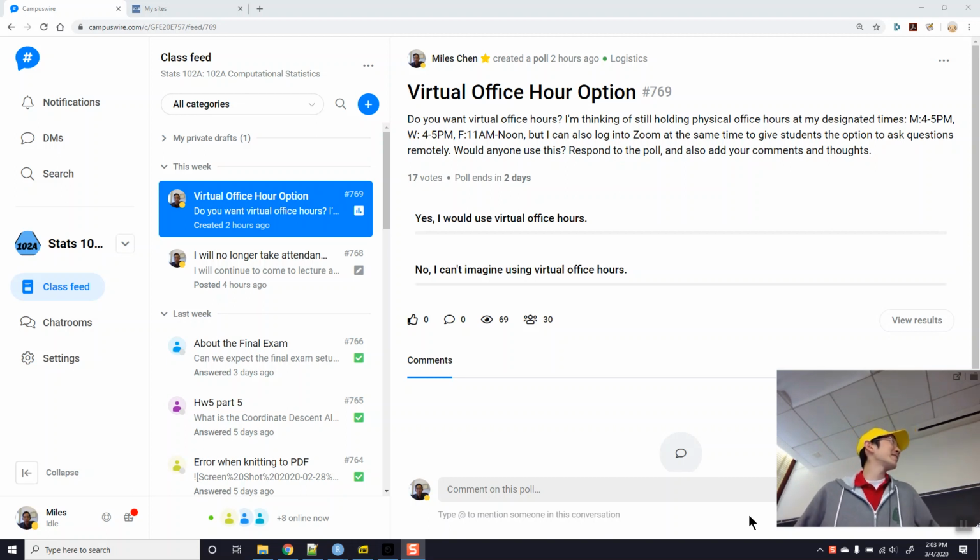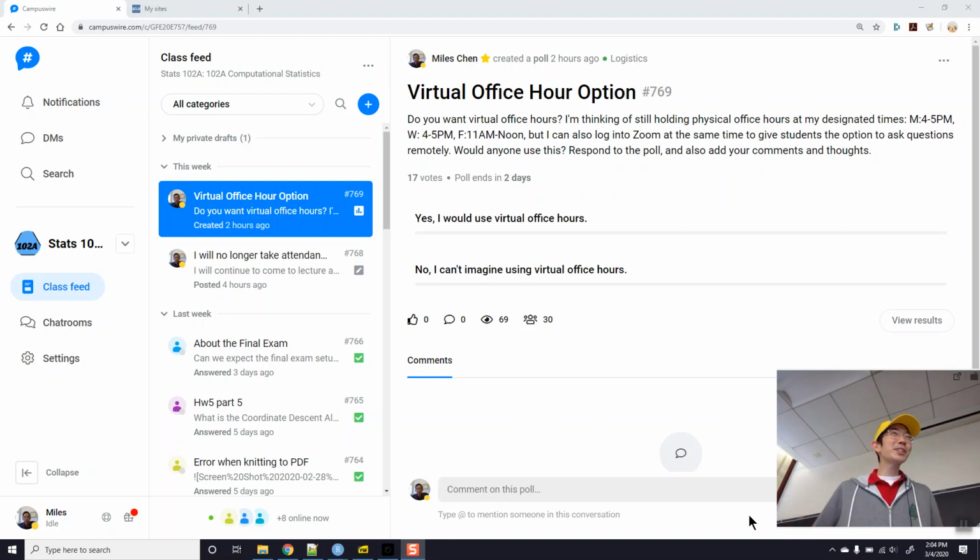But I guess to minimize even personal interaction, because we want to keep that to a minimum, I'll also have the option for virtual office hours. So I'll just continue to have regular office hours, but then I'll log in to Zoom, and you can log into Zoom and then ask questions that way.